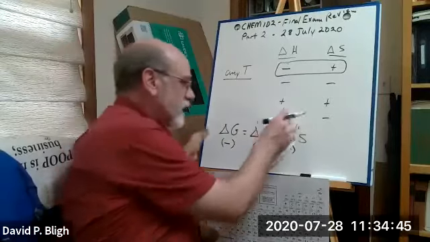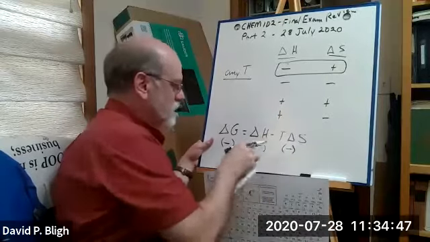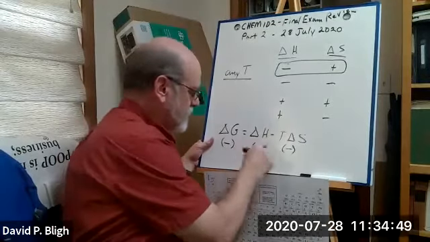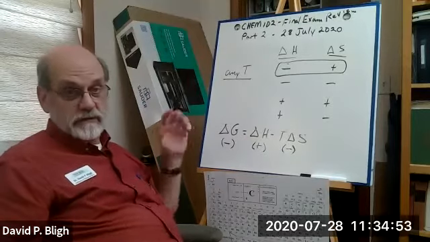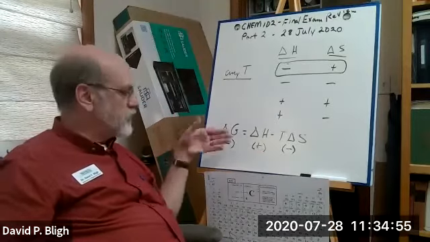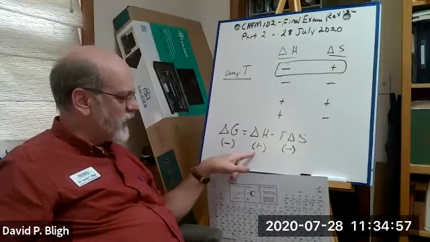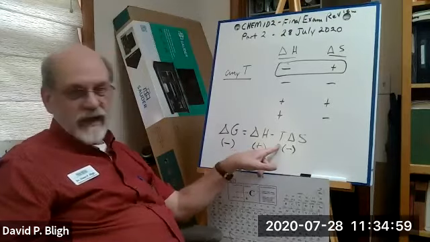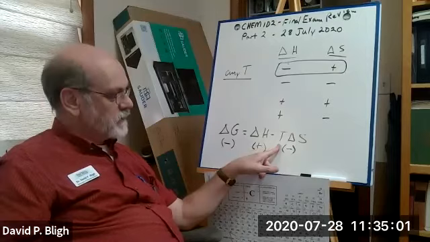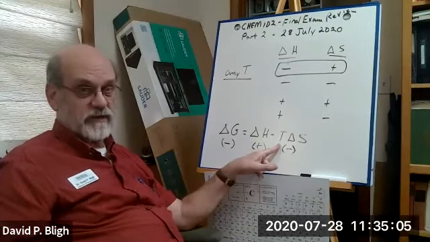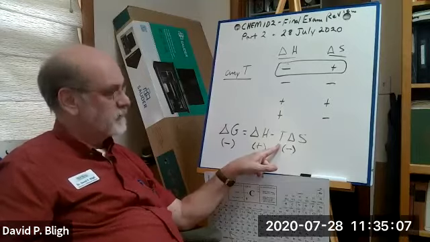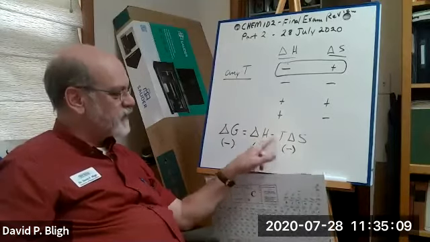Now, what if this were positive and that's negative. Under what temperature regime would you have a negative? Well, if this is a positive, it doesn't matter what the temperature is, right? Because we're starting at 0, so any temperature is going to be a positive value in K. So a negative times a negative is positive.